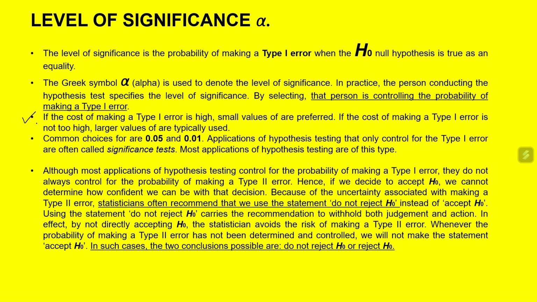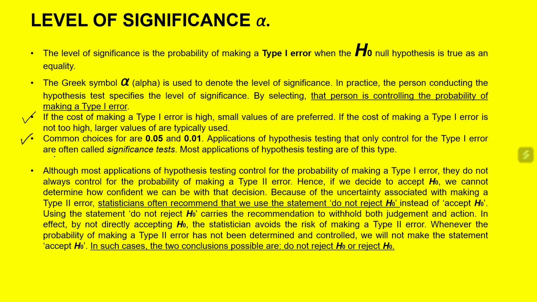Now, if you want to go into the field of research, you must note these 2 points. The first one is, if the cost of making a type 1 error is high, small values are preferred. If the cost of making a type 1 error is not too high, larger values of alpha are typically used.